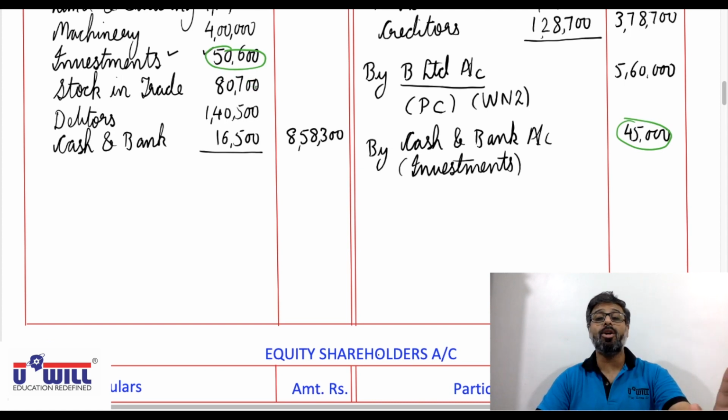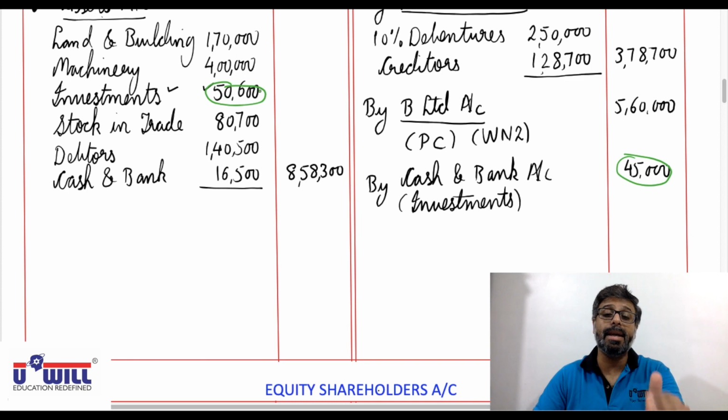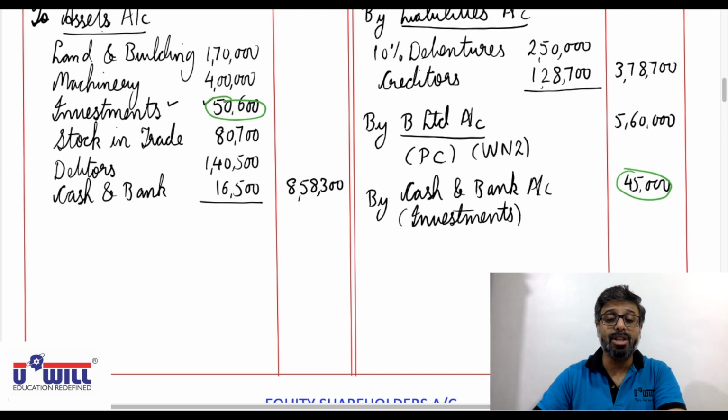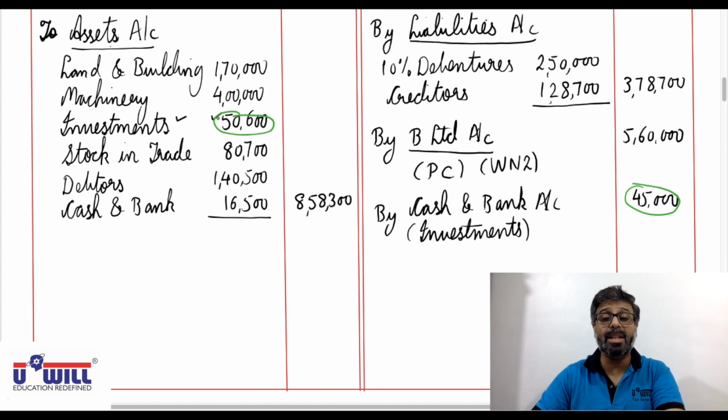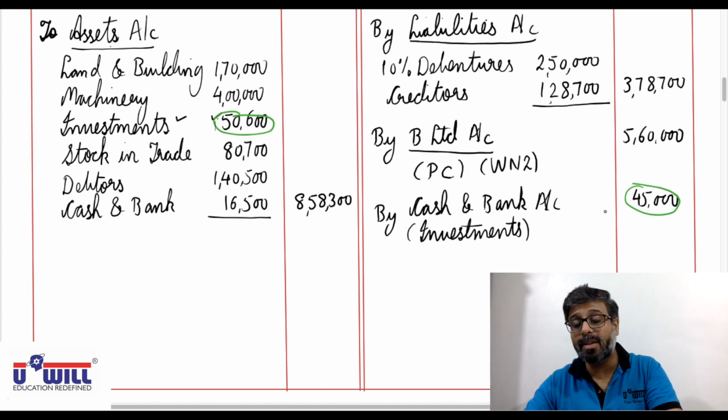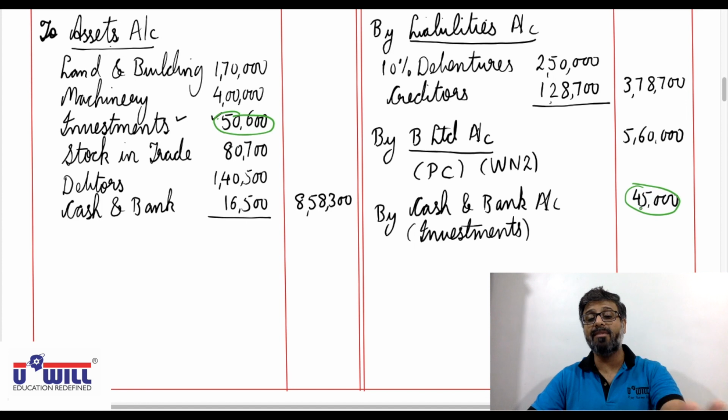So we don't have to record any profit or loss separately because it is automatically getting recorded. I'll explain it again. In realization, investments you have debited with 50,600, credited with 45,000. So 5,600 balance still remains on the debit side. That automatically represents your loss.